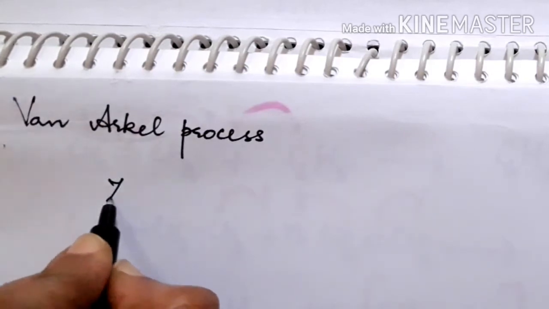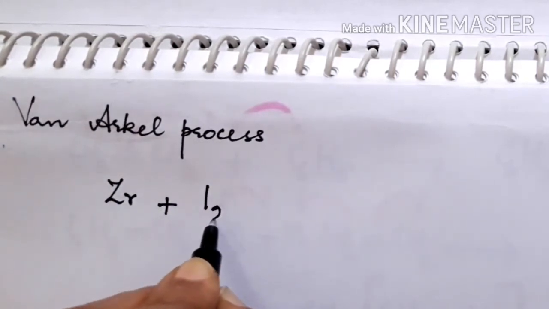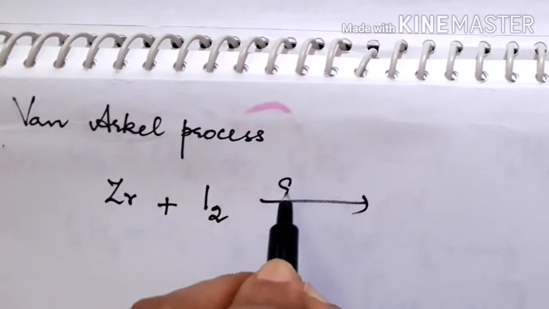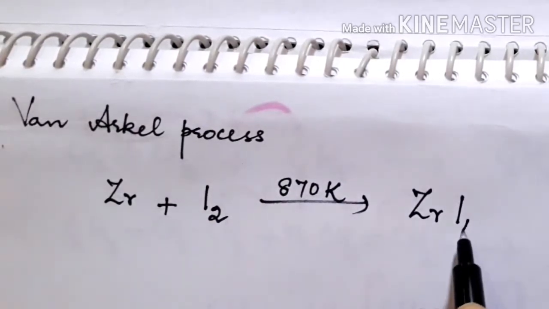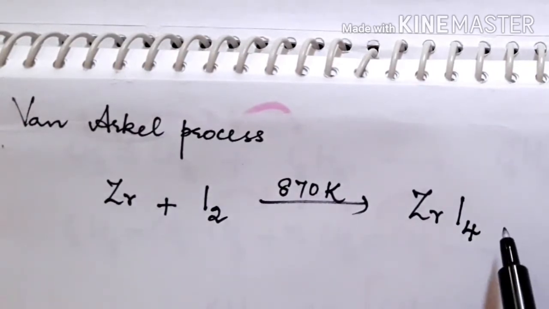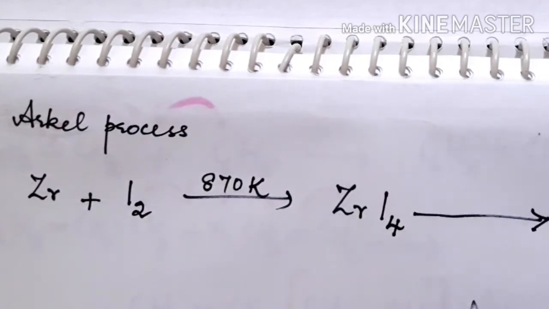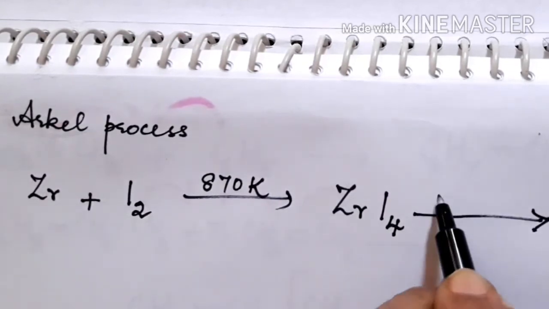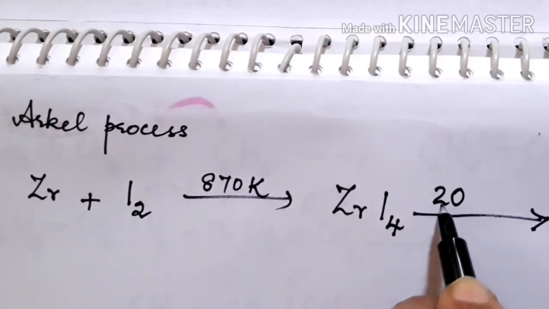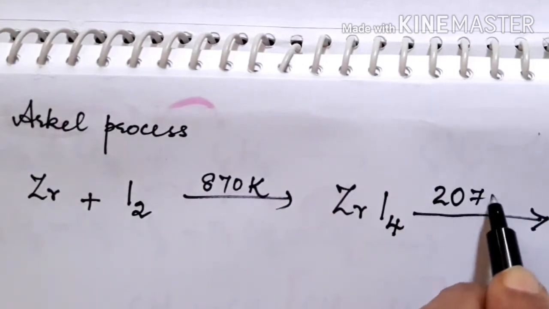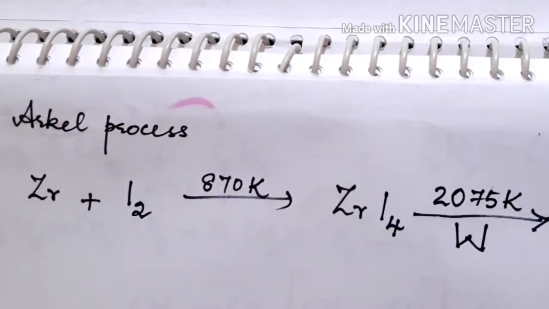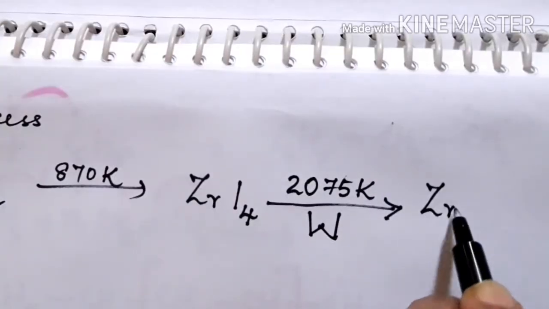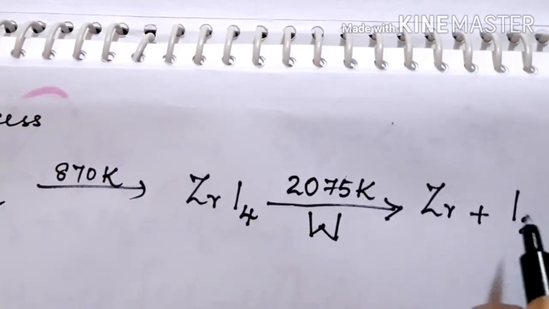Here, zirconium on treatment with iodine at 870 Kelvin will form tetraiodo complex of zirconium, which undergoes thermal decomposition at a very high temperature around 2075 Kelvin in the presence of tungsten filament to form pure zirconium releasing iodine.